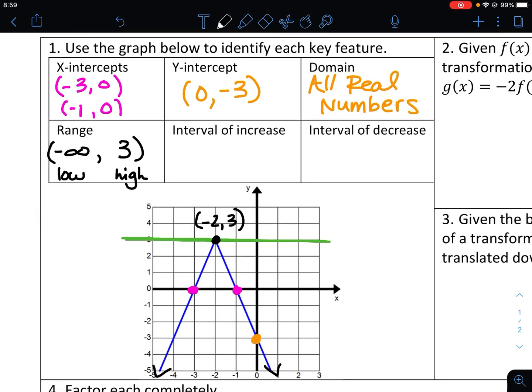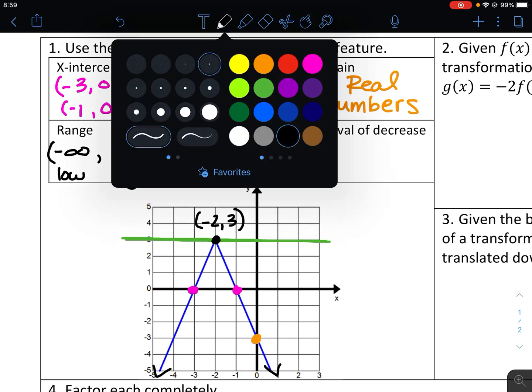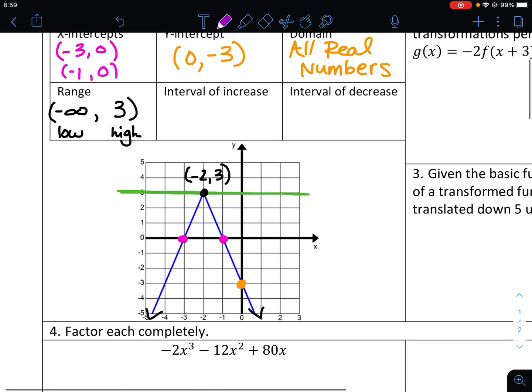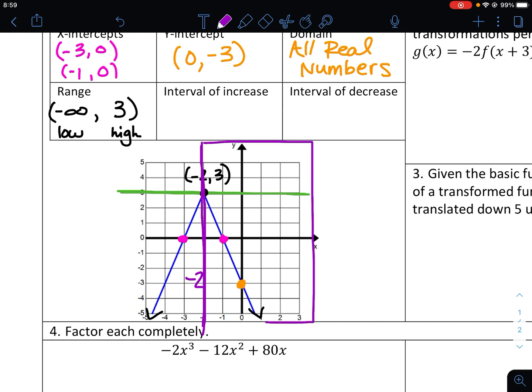Now, intervals of increasing and decreasing are going to behave a little bit differently because they are left to right. So we're looking at the x value of -2, and we think about the idea that we split our graph into 2 sections, a left section and a right section.